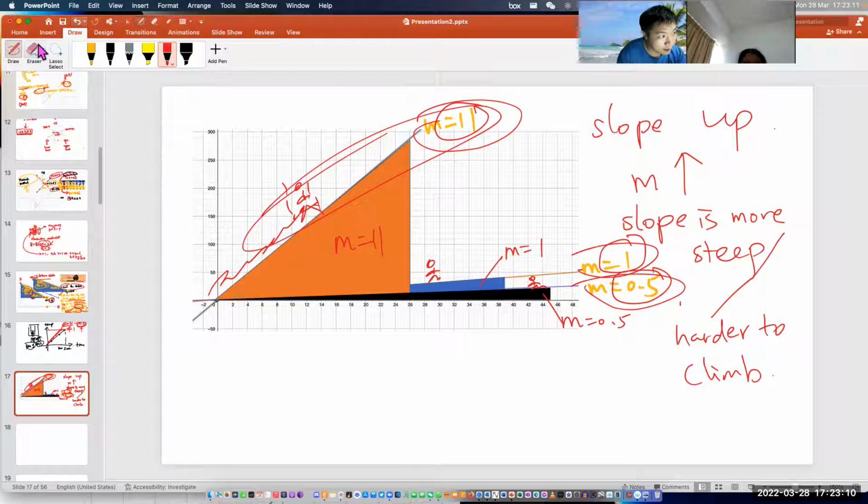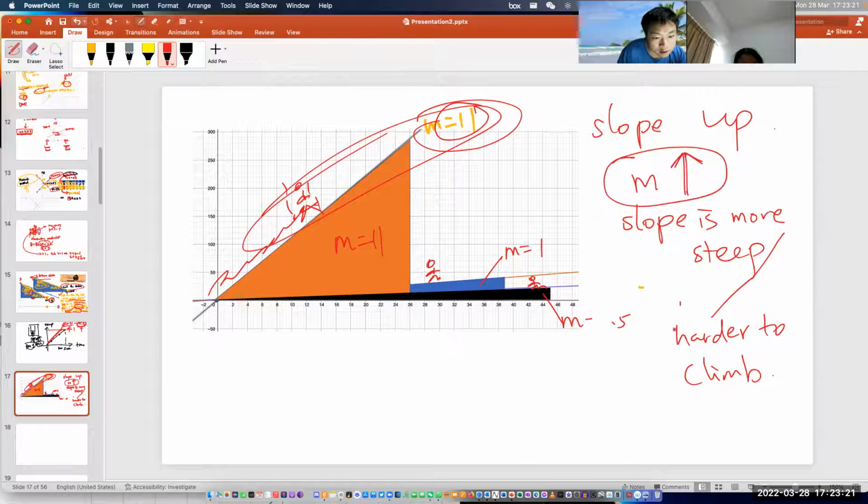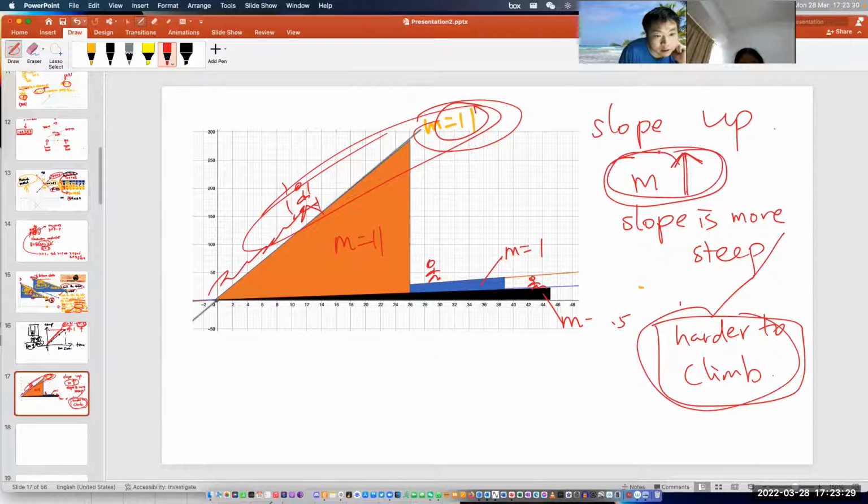So can you appreciate this conclusion? So when you have m increases, this is the meaning of m increases. The gradient increases, so it's harder to climb. All right? So harder to climb, m increases.